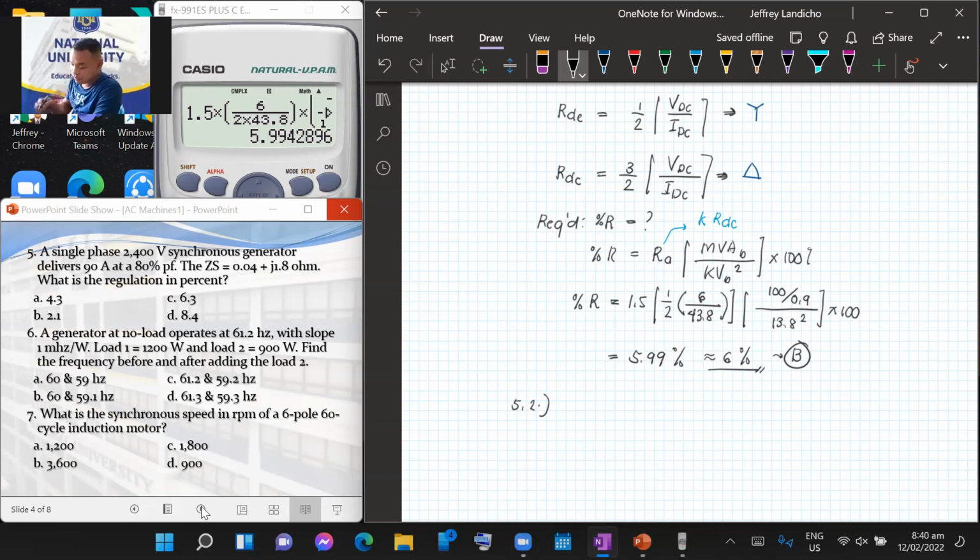So let's take the equivalent circuit per phase.